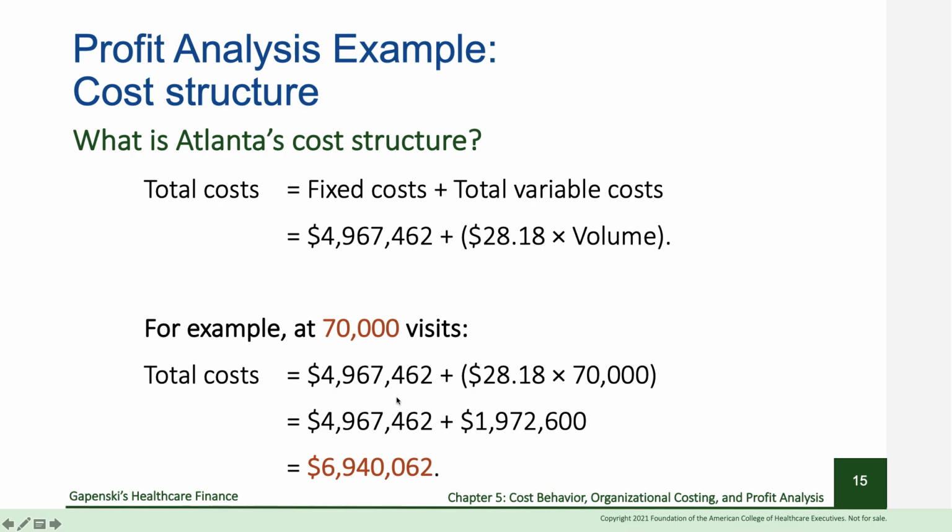The fixed cost stays the same and does not change, approximately $5 million. So when we add the fixed cost to the variable cost, approximately $2 million to $5 million, we get approximately $7 million as total cost.